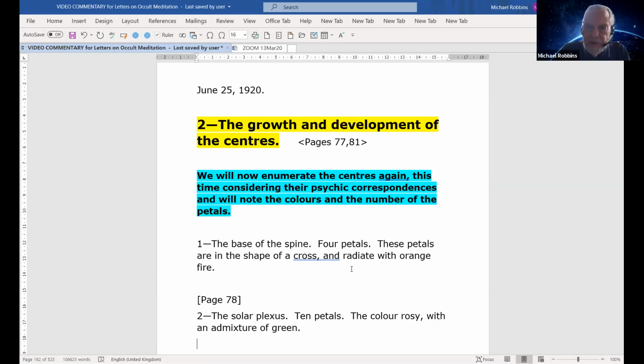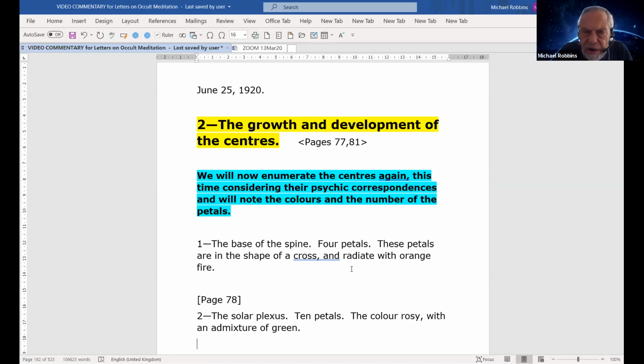But of course, the head center must connect with the base of the spine center, which is ruled by Pluto, and also by the Earth and by Mercury. Interesting, Mercury is involved there with its number 4, and the Earth, the symbol of the Earth, is very much like the symbol for the base of the spine center, the cross and the circle.